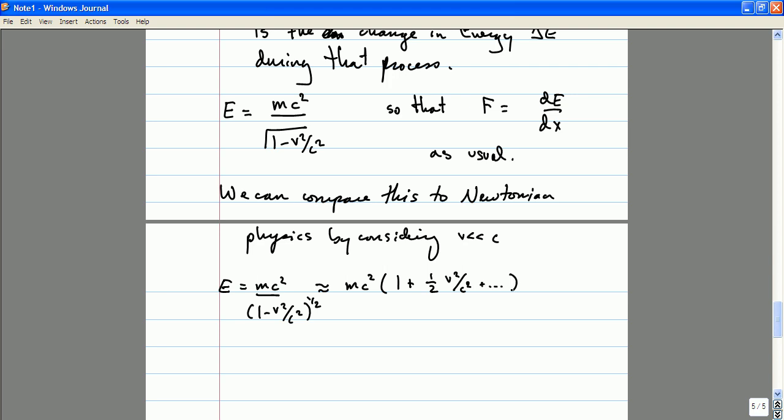So that the energy is mc squared plus 1/2 mv squared plus terms that are of order v to the 4th over c squared times the mass. Or I'll just say plus higher order terms.